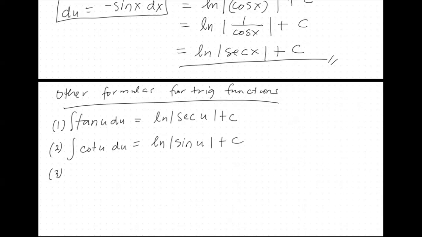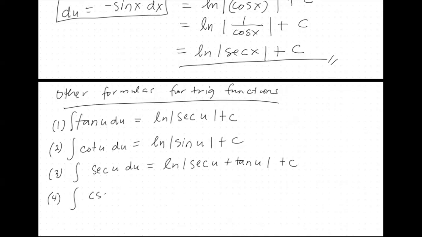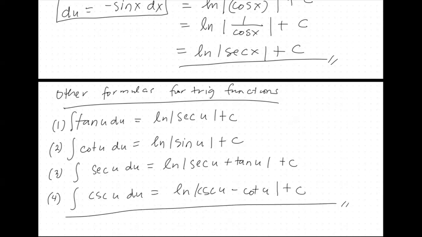The third one, the integral of secant of u du, is ln of secant u plus tangent u plus c. And the fourth is cosecant u. Here we get ln of cosecant of u minus cotangent of u plus c. So again, this is part of the formula sheet that I'll be giving you.